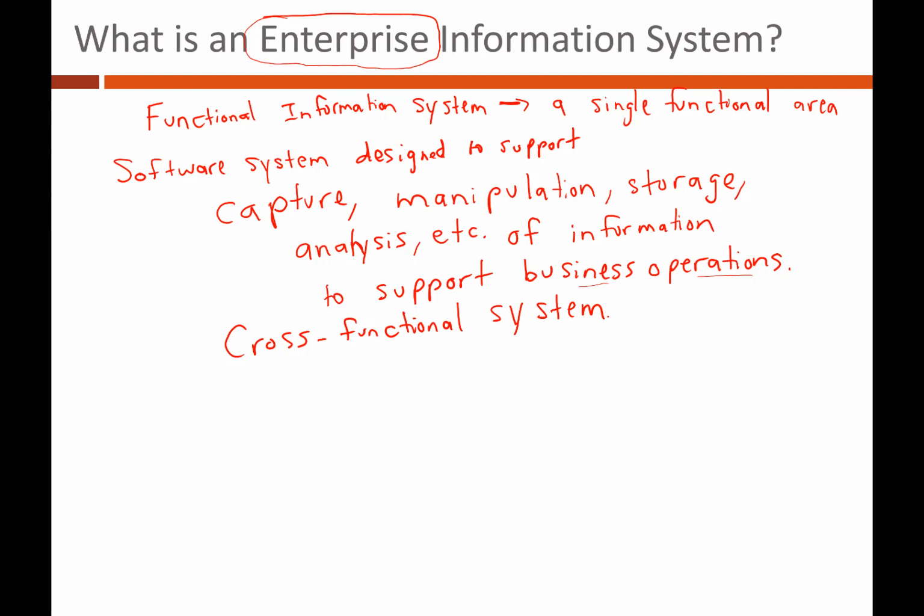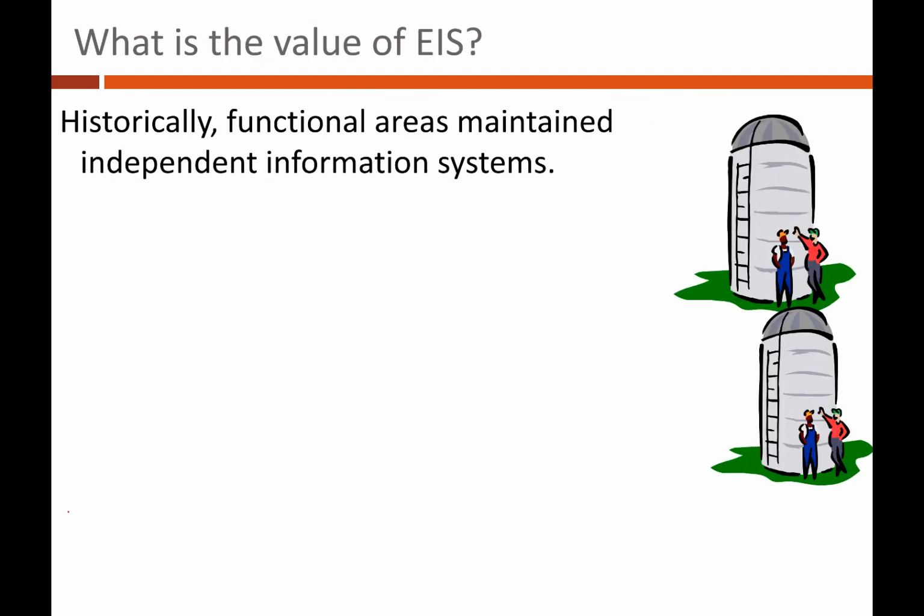It happens very, very efficiently and very, very effectively because it is aided by a cross-functional information system that unites the efforts of people that are looking to buy things with the people that work in the warehouse, with the delivery people, and even with the vendors that receive the orders. That's an example of the kind of thing that an enterprise information system takes on.